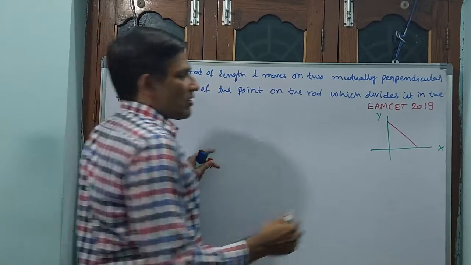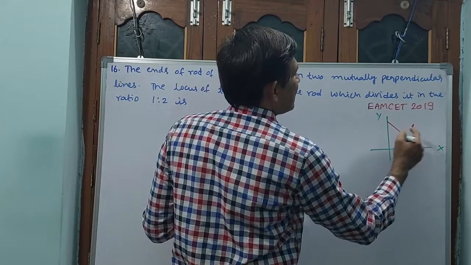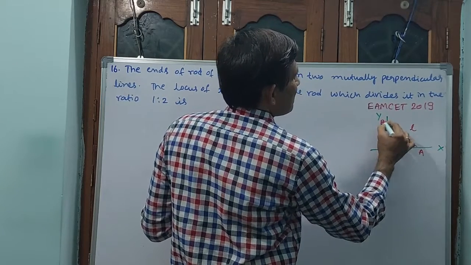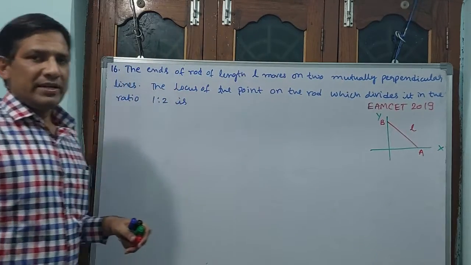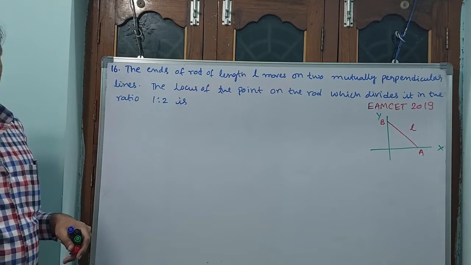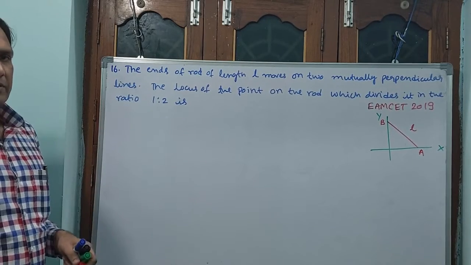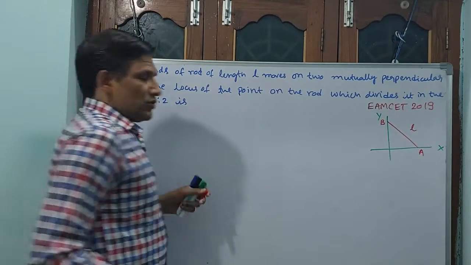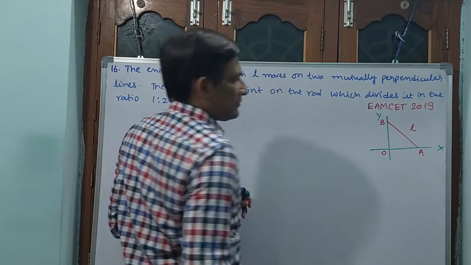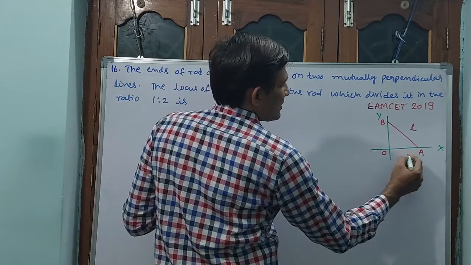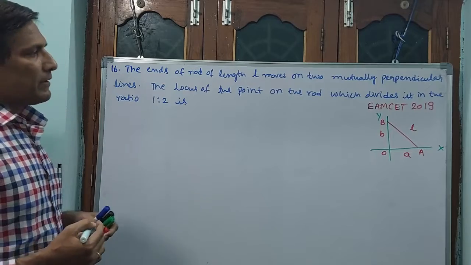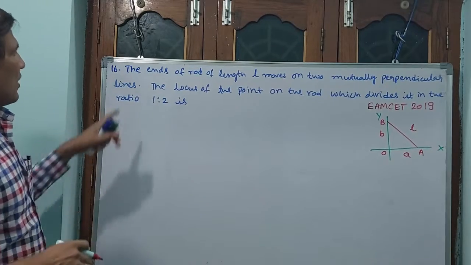That means the length of the rod is this one, L. Say this is A, this is B. AB is the length of the rod moving on the mutually perpendicular axes. This is the origin, up to this A you can take, and this you take as B.